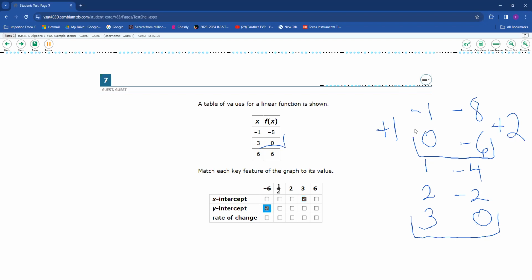The rate of change is not 1/2, it's 2/1 because y goes on top. It's y over x, the change in y, and this little triangle means change. Change in y over the change in x is 2/1, or just 2. So that's the rate of change, and that's it.